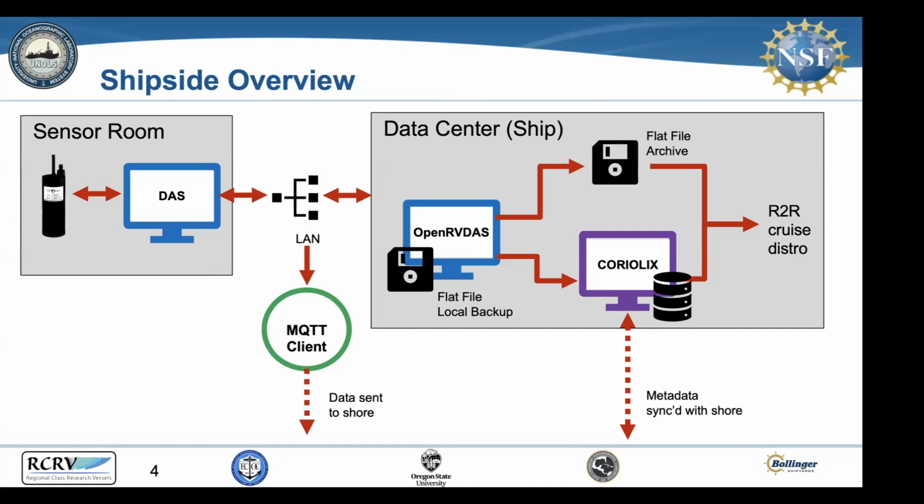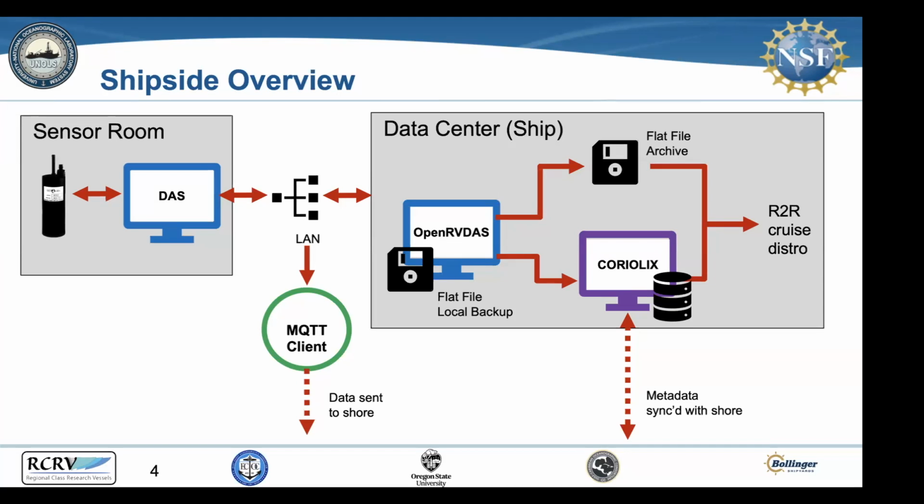Before I jump into what's going to be hopefully a live demo, I'll show the data ecosystem on the ship and on shore. So on the very left-hand side, we start with a sensor. Usually it's something that's cabled, maybe a serial feed, to some type of data acquisition system. At that point, the data are put on the local network on the ship, and a second data acquisition system, in this case OpenRVDAS, captures that data message and parses the data, saves the data.